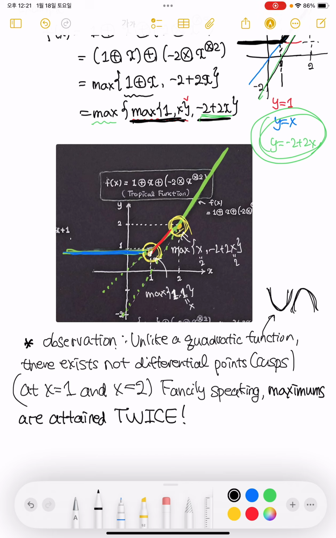Okay? That is a fancy expression of cusps in a tropical geometry, tropical curve.